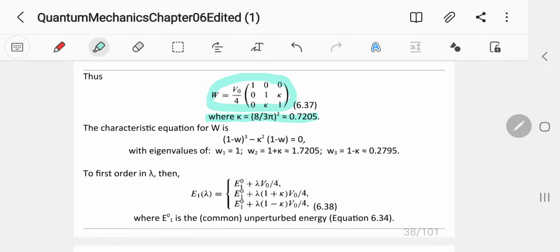So the eigenvalues here, you would have to transform W. So you have to make this W minus identity times lambda equal to 0.